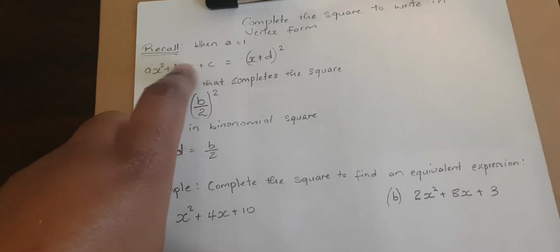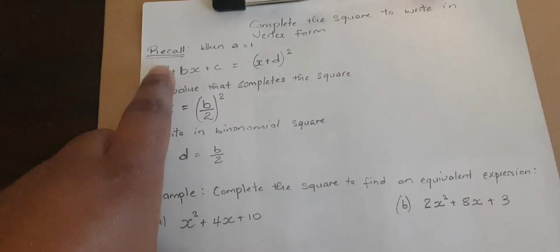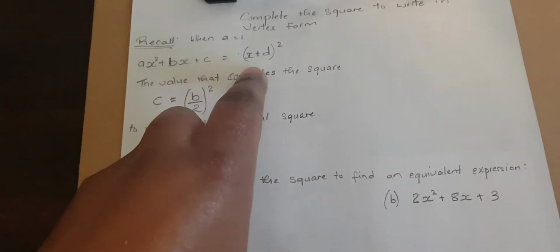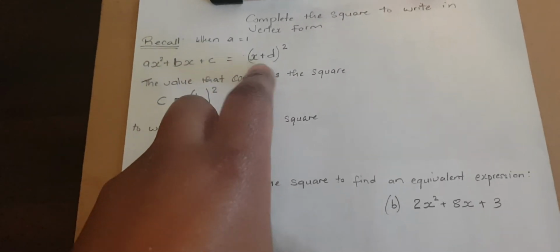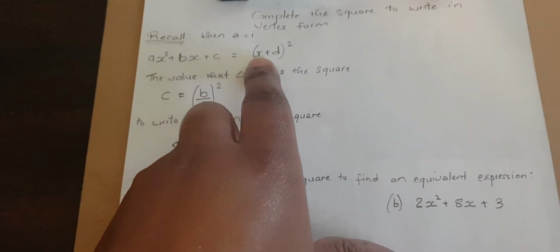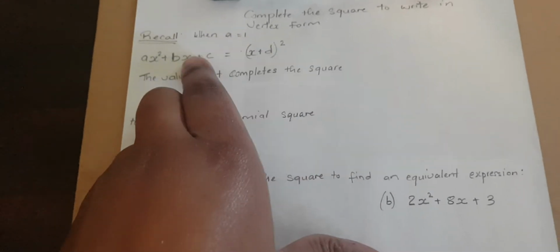And when our a is 1, to write it as a binomial square, we would normally have x plus d, where d represents some number, all squared.